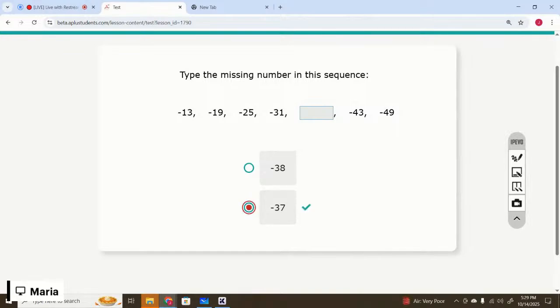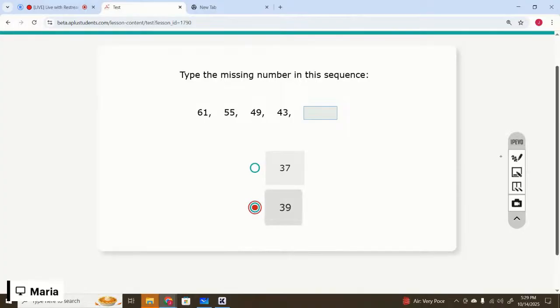Option number 2 is the correct option. That is the next one is 39.